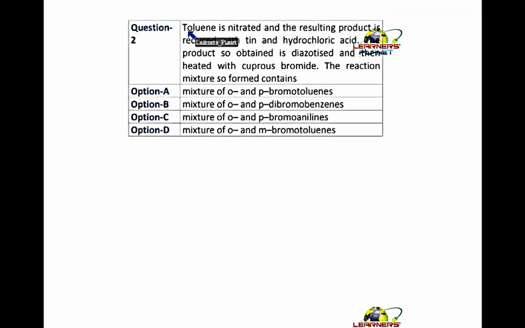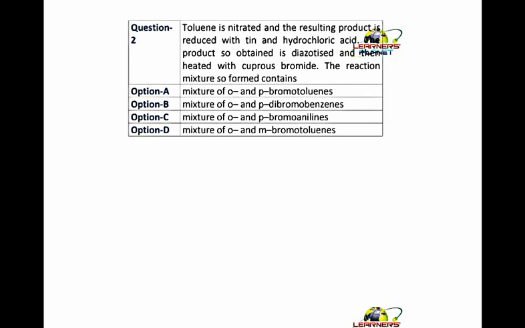Toluene is nitrated and the resulting product is reduced with tin and hydrochloric acid. The product so obtained is diazotized and then heated with cuprous bromide. The reaction mixture so formed contains.